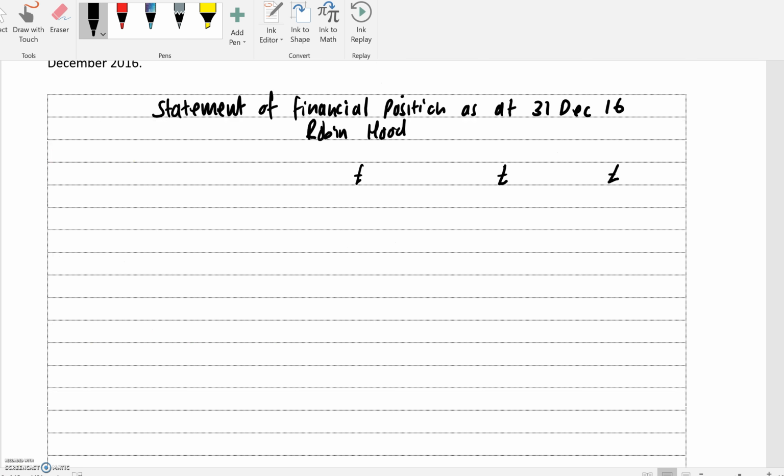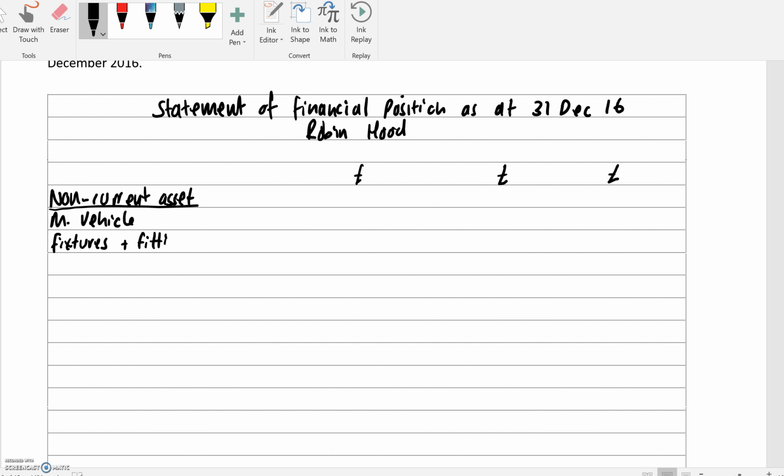Moving on to the balance sheet. Very quickly I will go through how to deal with the balance sheet. We'll start with our first item, which is non-current assets. In this question we have motor vehicle and also fixtures and fittings.